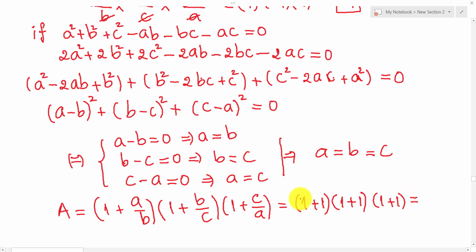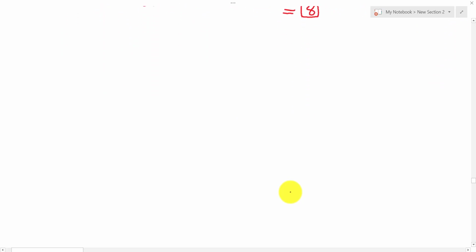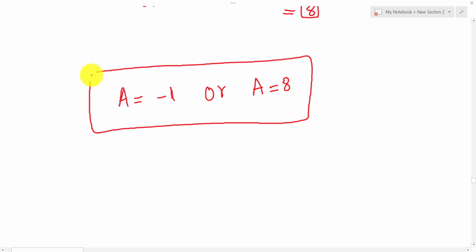And equal this 2, and this 2, and this 2. 2 multiplied by 2 multiplied by 2, so it equals 8. Now we get the values of expression A equals minus 1 or A equals 8 is our solution.